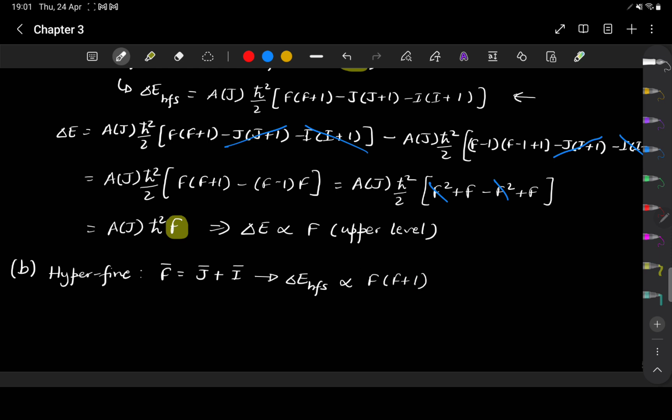So ignoring the constants, this is proportional to the following.